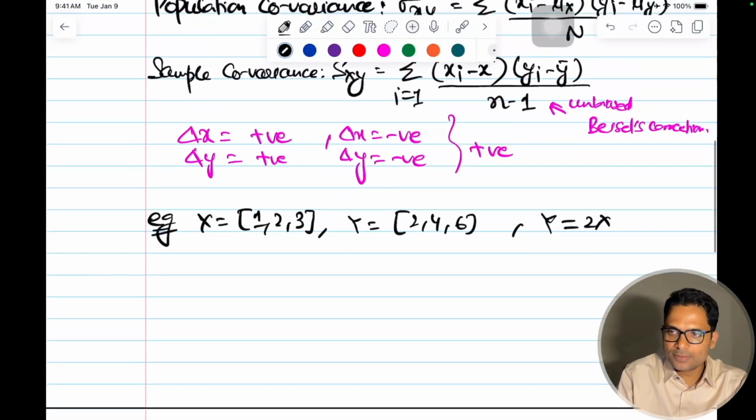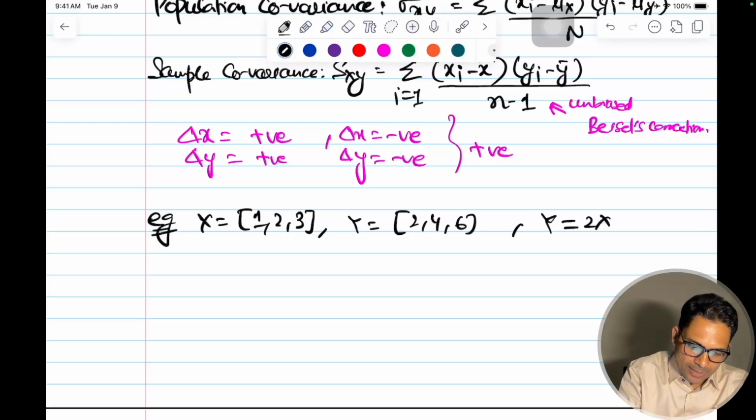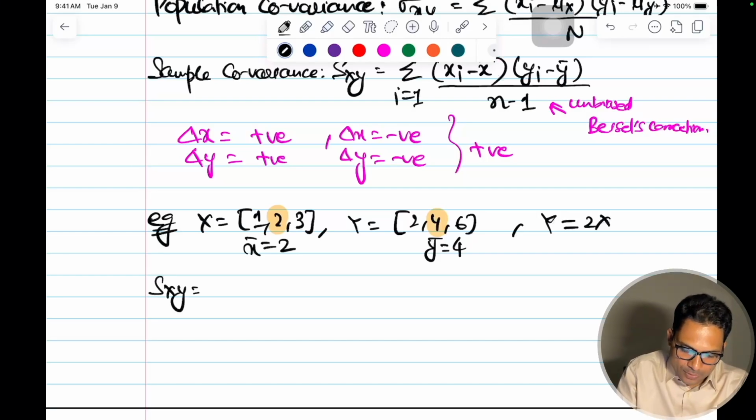So what is the covariance formula? Here this will be the mean and this is the mean. So x bar is equal to 2 and y bar is equal to 4. Then the sample xy covariance is equal to the summation of all x minus x bar, with xi, into y minus y bar.